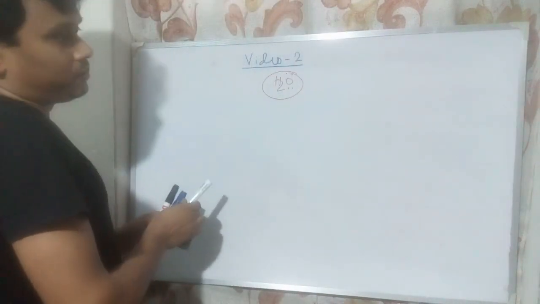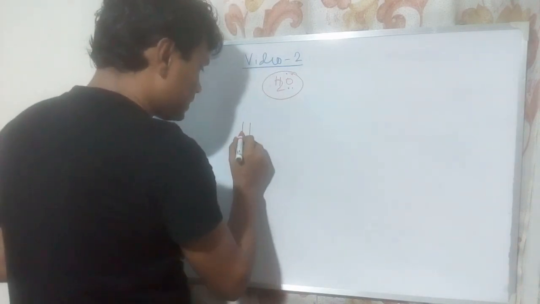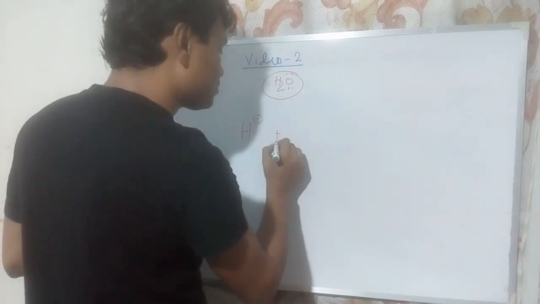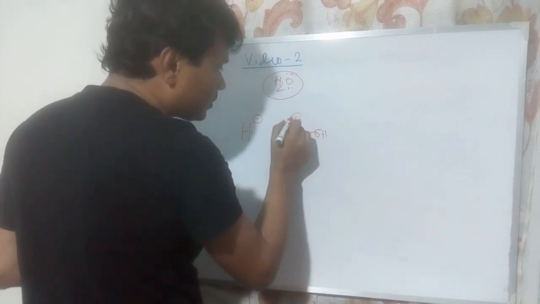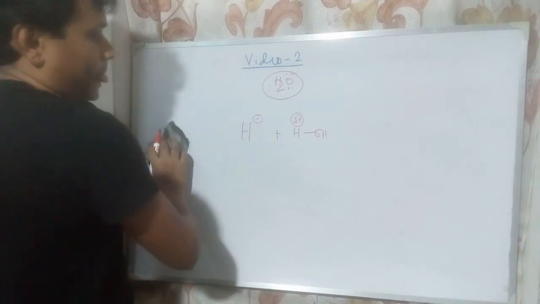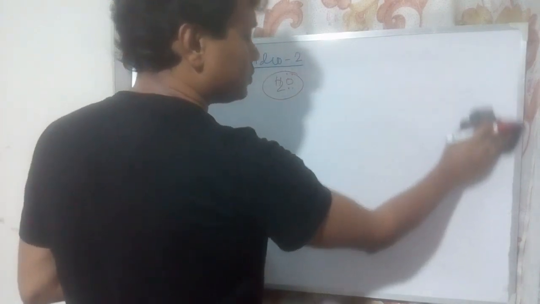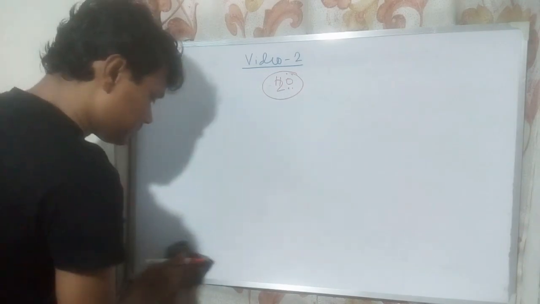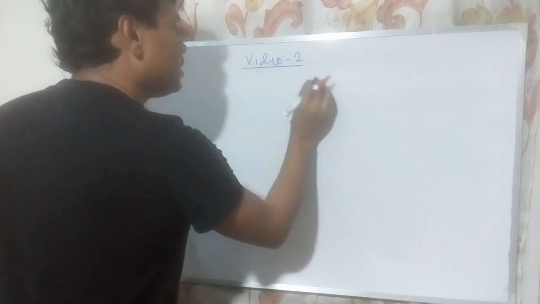So any type of reagent which has negative hydrogen, that is hydride, will react with water, because water has a delta positive character. So this is the reason hydride reagents react with water very efficiently. So up to this point, we'll stop the discussion about water here.